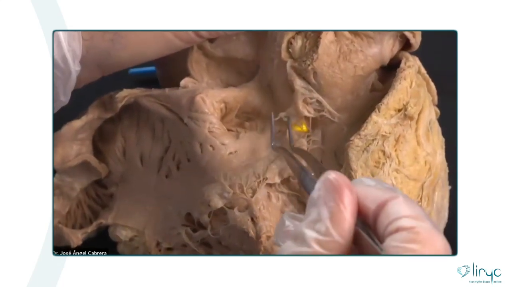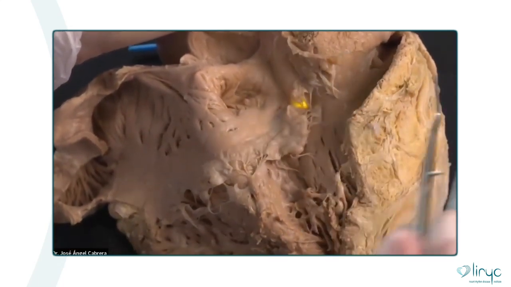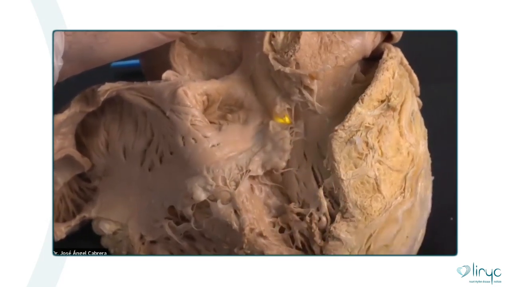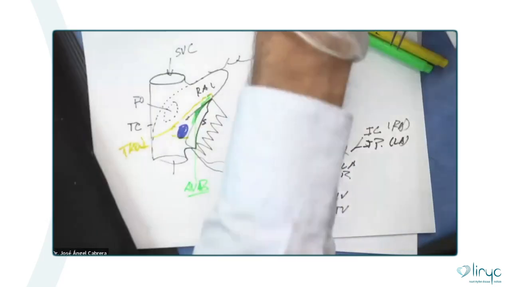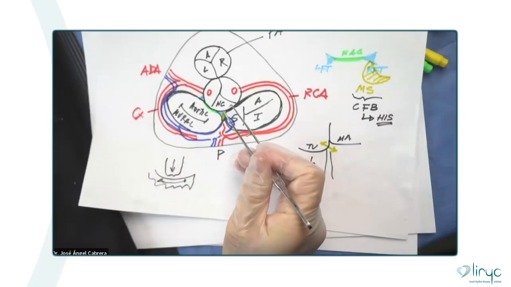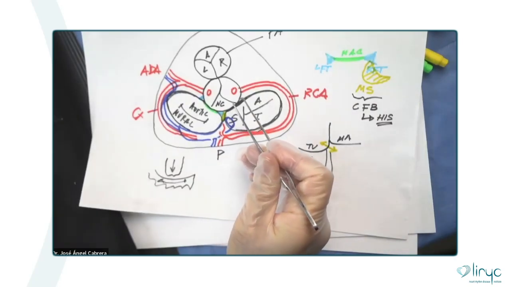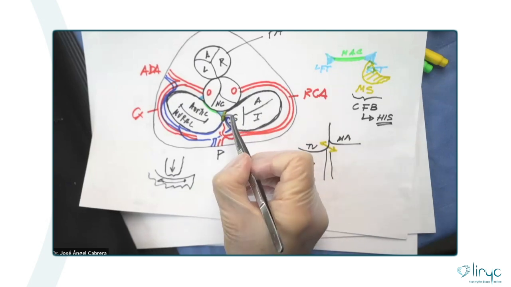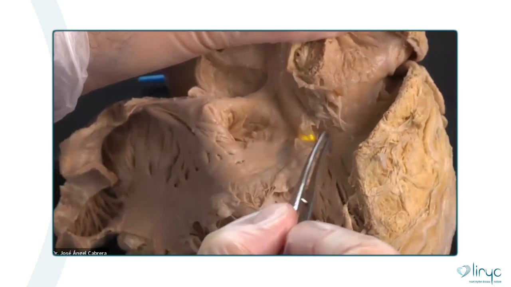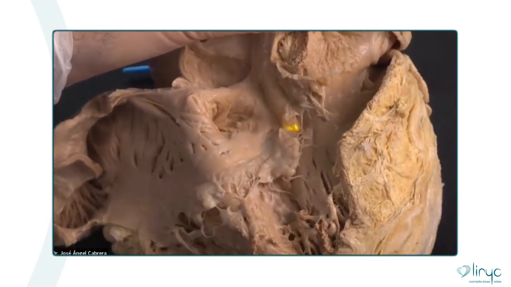Note that here the membranous septum is in close anatomic relation with the aorta. And remember that the membranous septum is in this area, between the non-coronary and the right coronary cusps. And the His bundle penetrates through this area, to give rise to the left bundle branch.